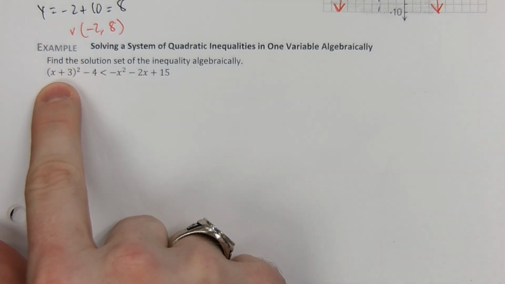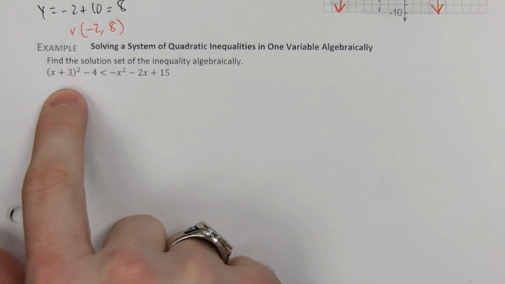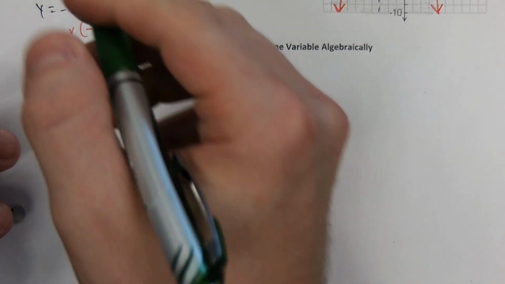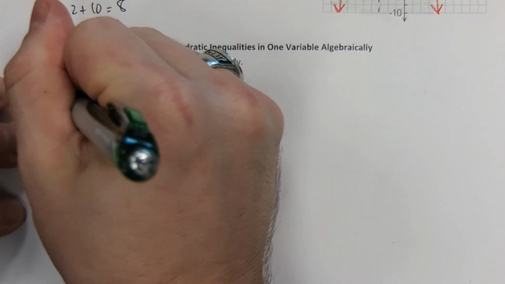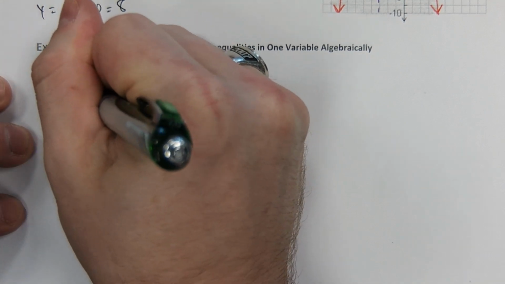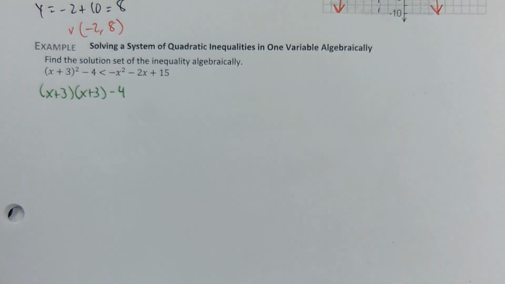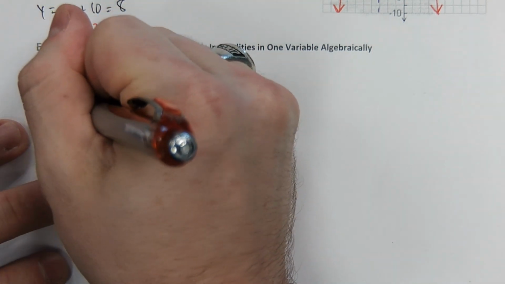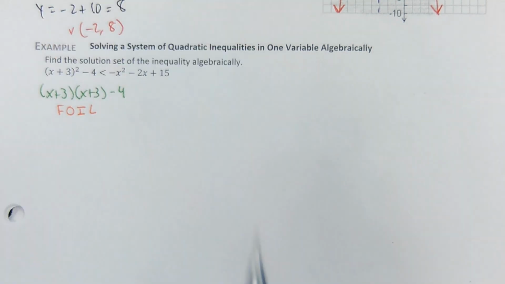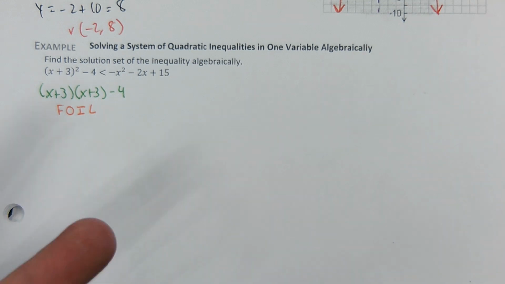Here, we have x plus 3 quantity squared. That means x plus 3 times x plus 3. You are going to have to FOIL here. Since this is Algebra 2 Honors, I'm just going to go ahead and assume that you all know how to FOIL.